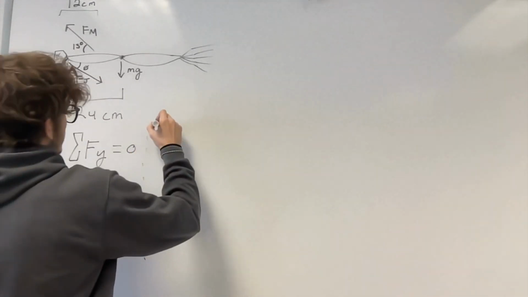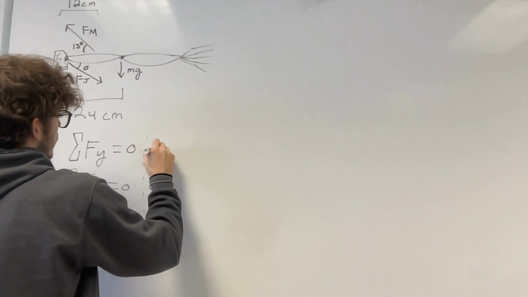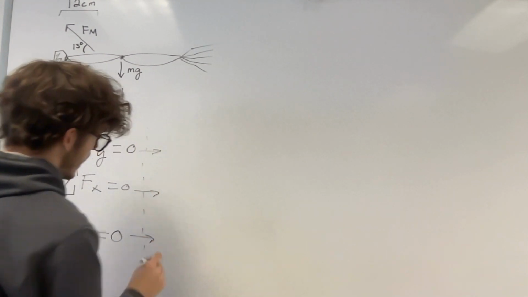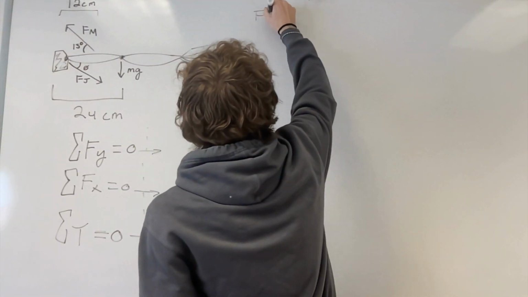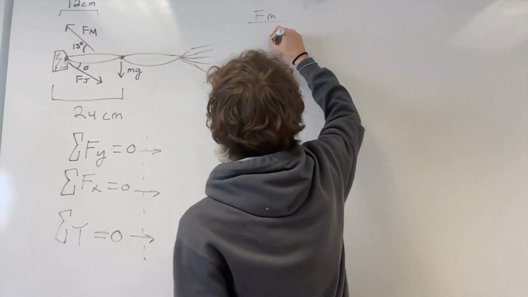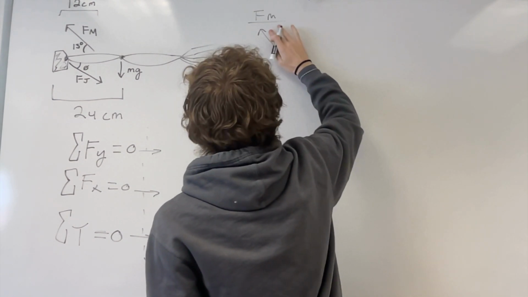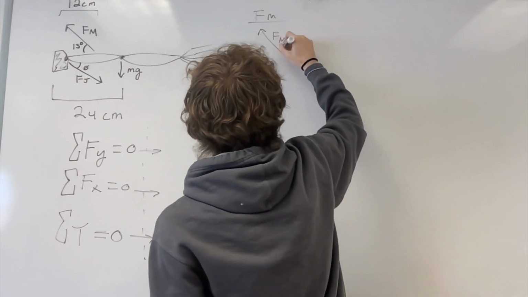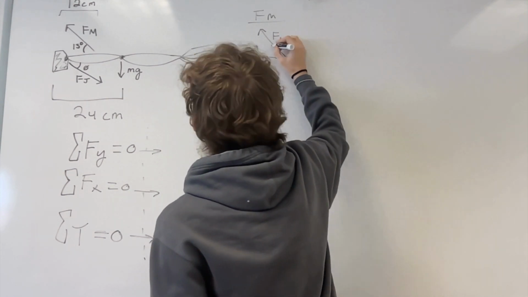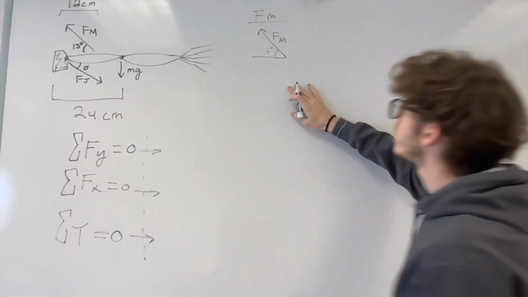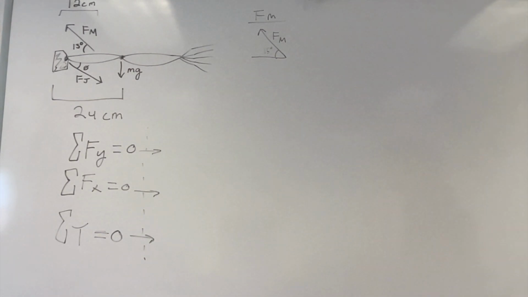You can express these any way you want, but we're going to express these as their own respective values. And before we do that, let's split this up into its own vectors so it's a little easier to see. So for the Fm vector, the force of the muscle, we have Fm at 15 degrees above the x-axis.